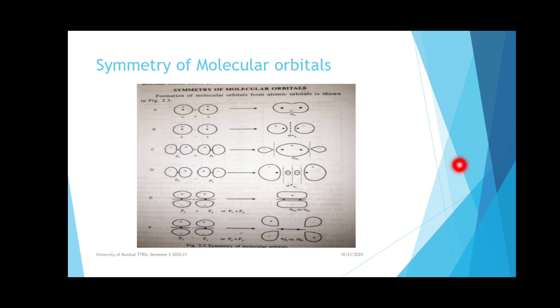So whatever the number of atomic orbitals combined, the same number of molecular orbitals are formed. So here two atomic orbitals, one s and another s. If both orbitals combine by addition, there is formation of a sigma bonding molecular orbital. Okay, so this is simply by addition.